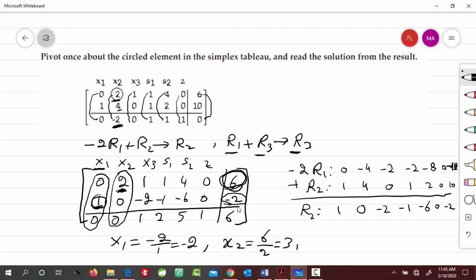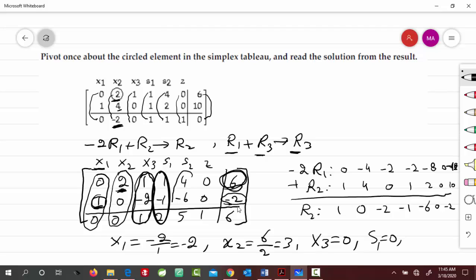And then in x3, as you see in this column, you have more than one non-zero number, so it means that x3's value would be 0. In the next column, under s1, more than one non-zero number, so the value of s1 would also be 0.